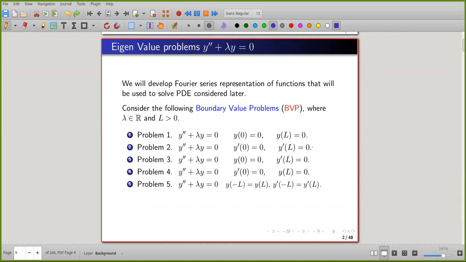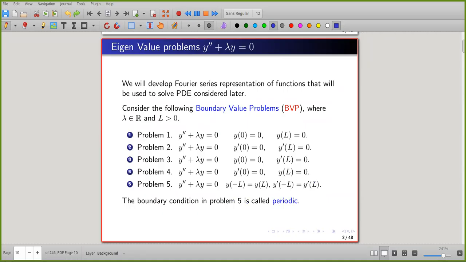And there's a fifth one. Here what we need is y double prime plus lambda y is equal to 0, and in the fifth one, y is a function from minus L comma L to the real numbers. Here we need that y of minus L should be equal to y of L, and the derivative should have the same property.